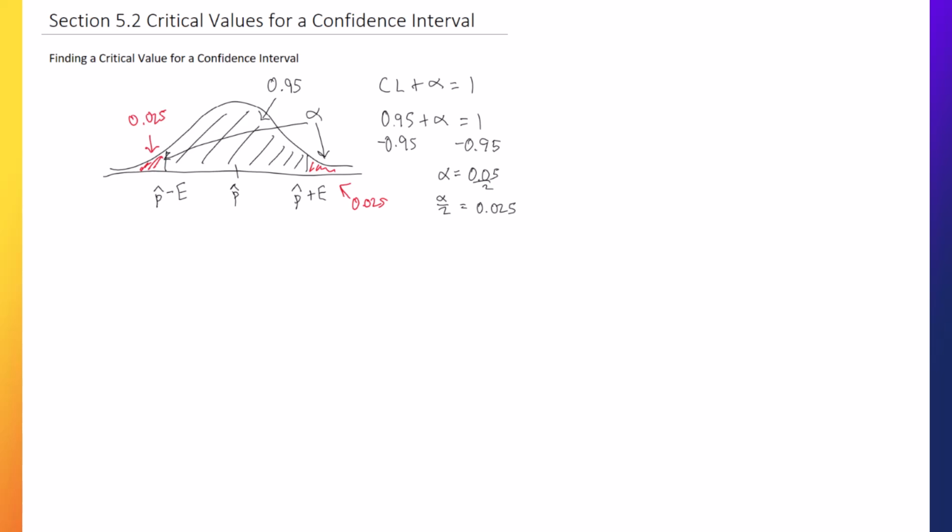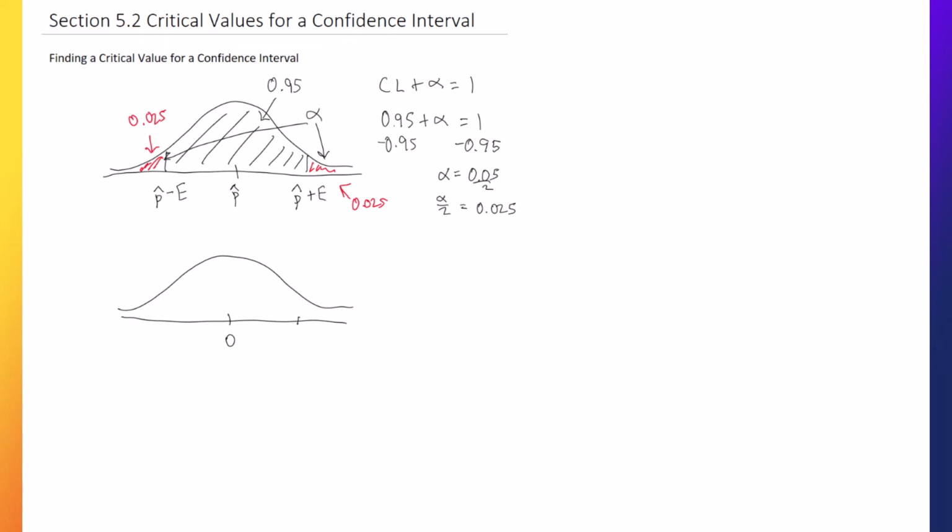Now we are going to use Excel or another tool to figure out a z-score corresponding to that area. And so we've got our normal curve here, and say 0 is in the middle.